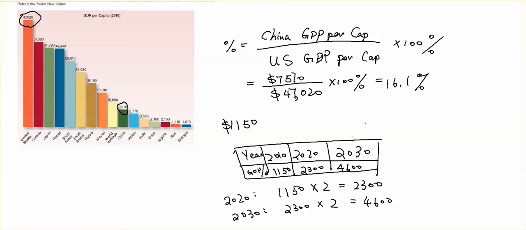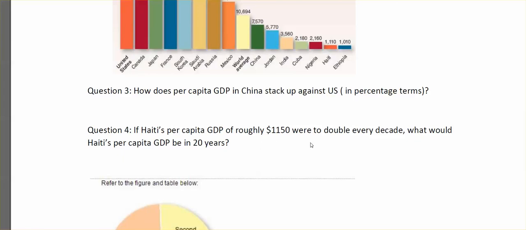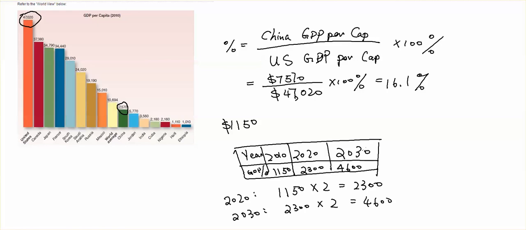Now we get the answer for question number 4, because question number 4 asks what would Haiti's per capita GDP be in 20 years? That is, what is the GDP per capita in 2030? That is 4,600.